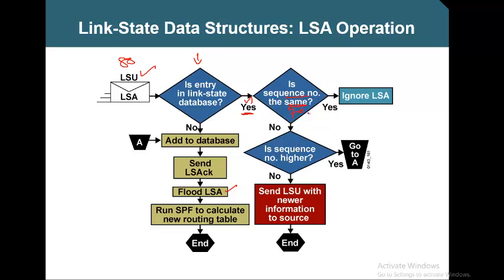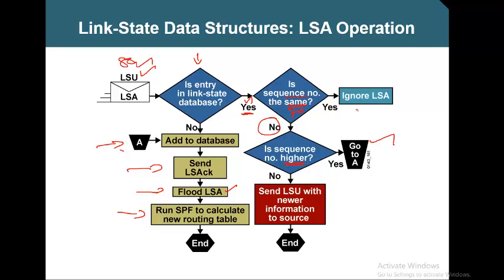So it's not same. If it is not same, is it higher? Yes, it is higher. Incoming sequence number is higher. If it is higher, which means the incoming update is the latest. So it goes to the database, adds it, because it's new route information. It adds it, it's an updated one. Send an acknowledgement to the sender, flood the information to the downstream, and recalculate.